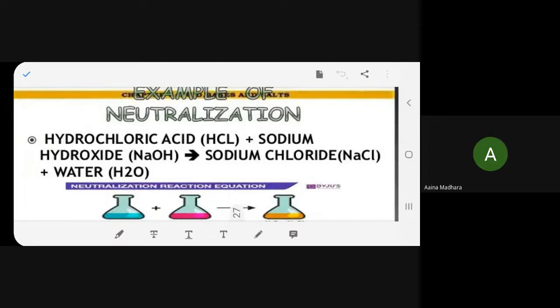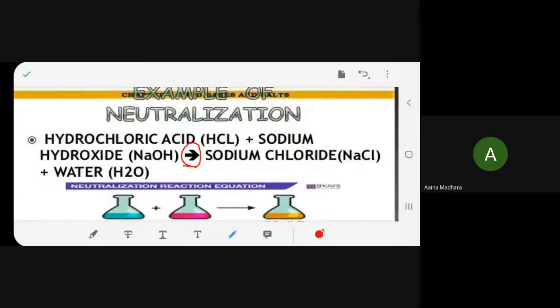Example of neutralization. Hydrochloric acid, HCl, plus sodium hydroxide, NaOH, gives sodium chloride, NaCl, plus water, H2O. Can you see the arrow over here? It means gives. What does it give?